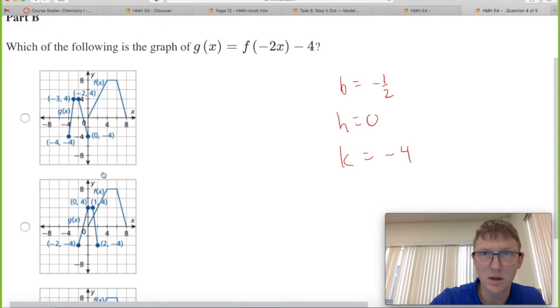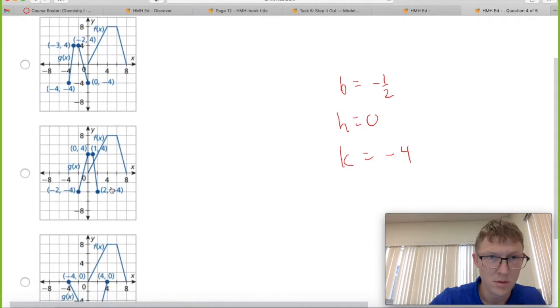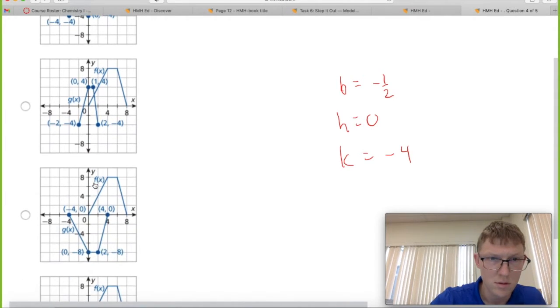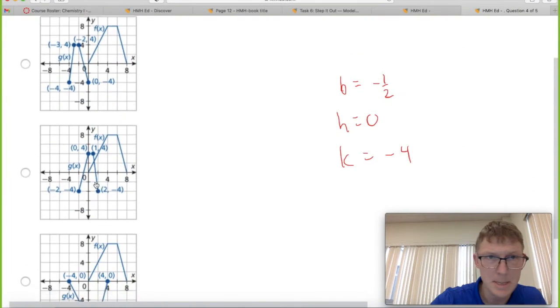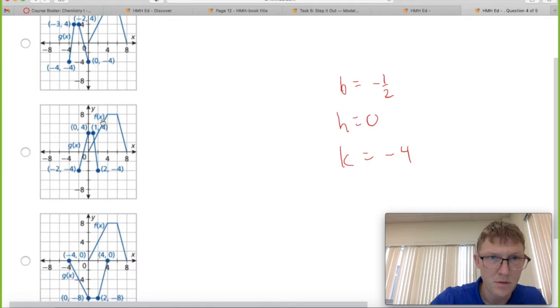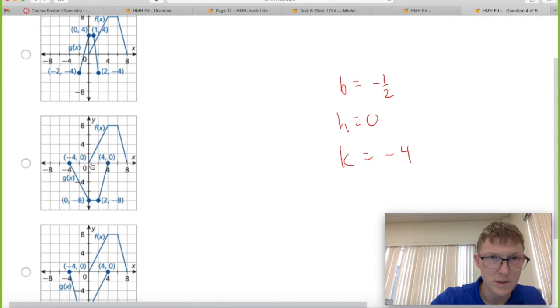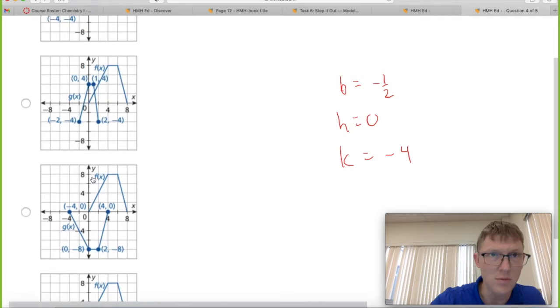So let's see here. Which one is our original? So this one is not flipped across the y-axis. This one is not moved down.